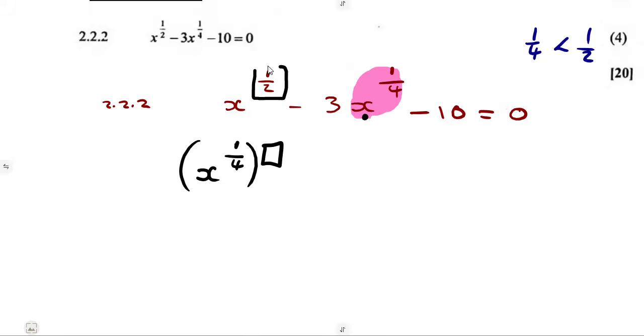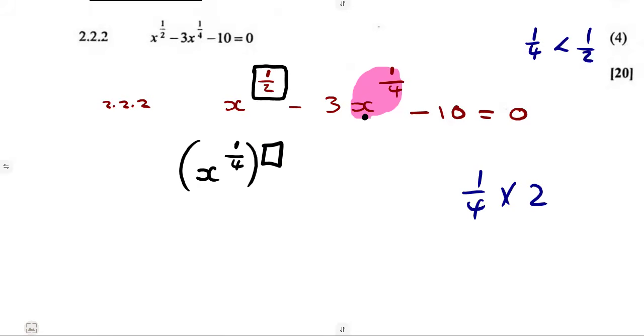But the moment we change this, we are not supposed to change our question. Our question is supposed to remain as it was. So which number are we supposed to use here so that it gives us back the 1 over 2? It is going to be 1 over 4 times what? Times a 2. 1 over 4 times 2 is 1 over 2.